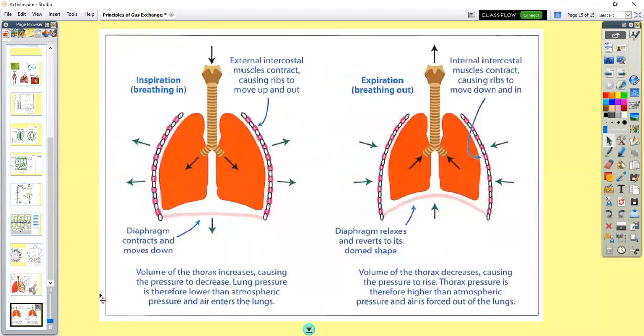Okay, breathing is the last real part of this that they talk about, in terms of inspiration and expiration. So when we breathe in, our intercostal muscles contract, and that causes the ribs to move up and out. Our diaphragm also contracts, and because it's that sheet of curved muscle, it moves down.